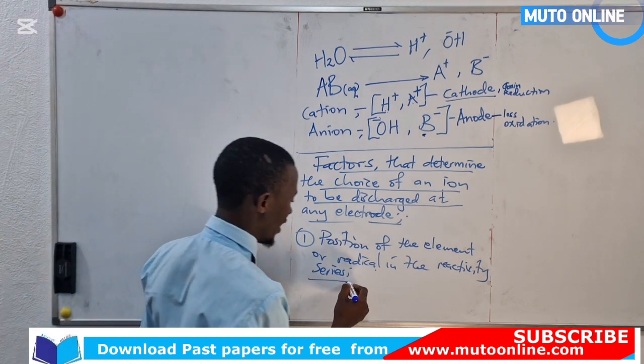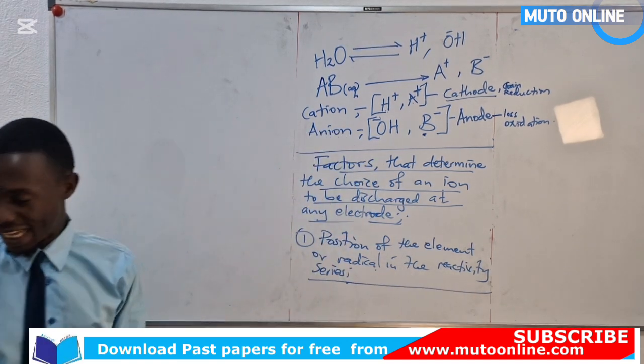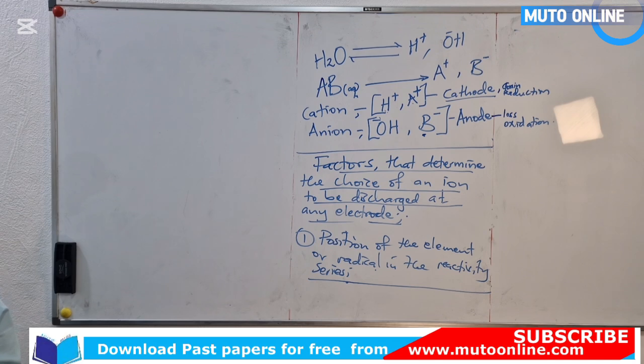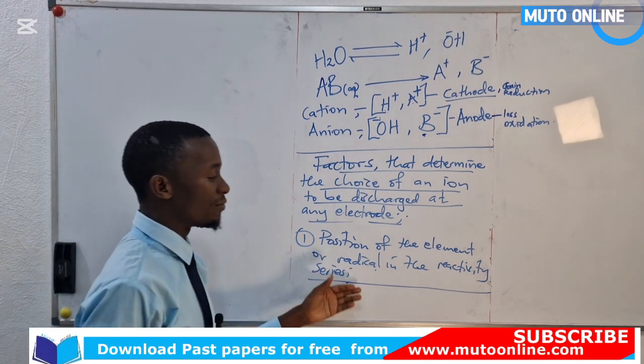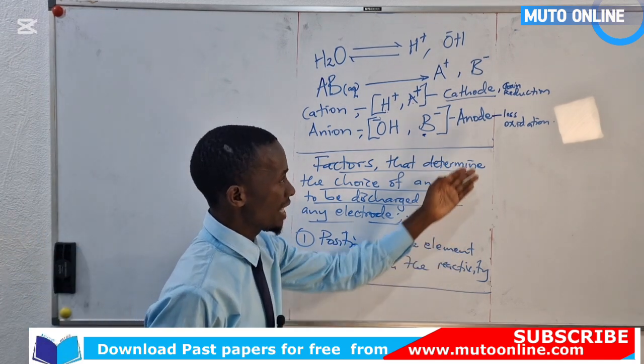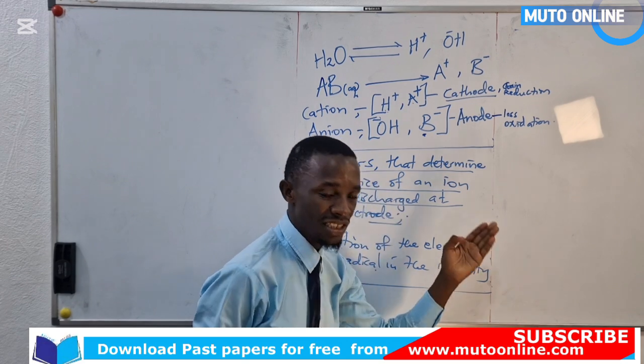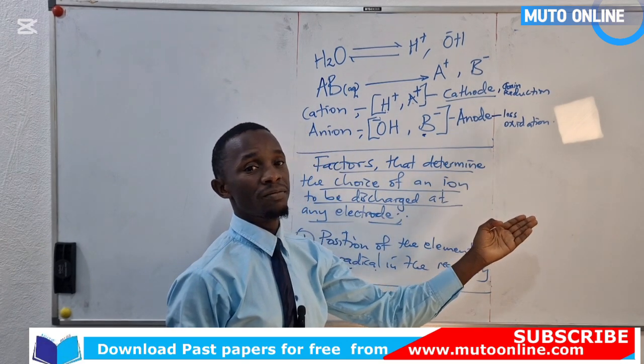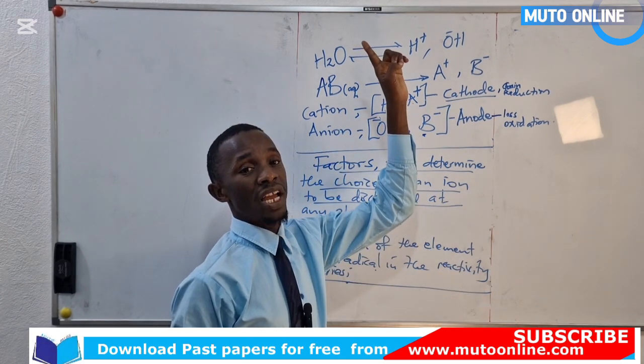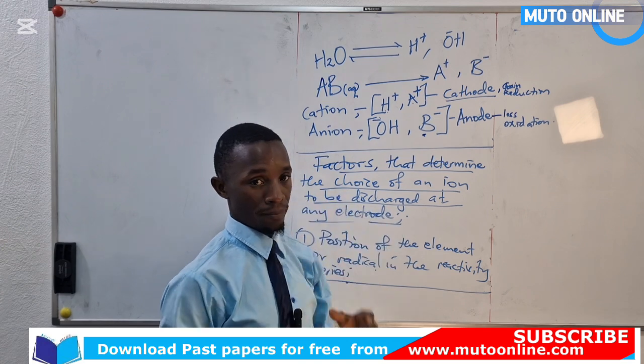And this factor states that the element or radical that is less reactive, or the one that is below the other, is more easily discharged than the one that is more reactive or above.